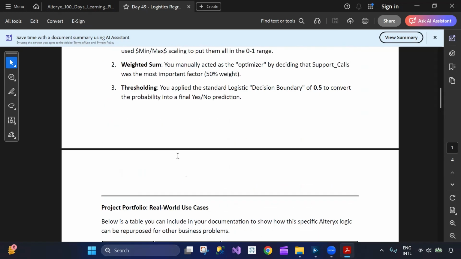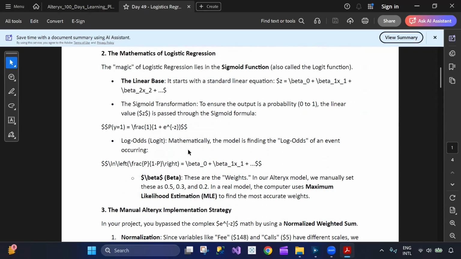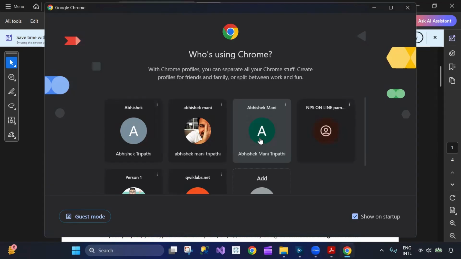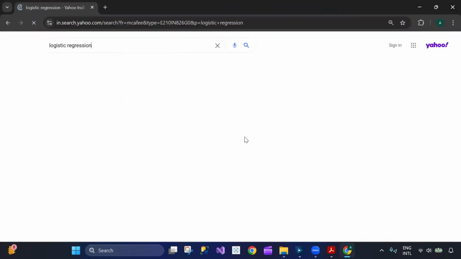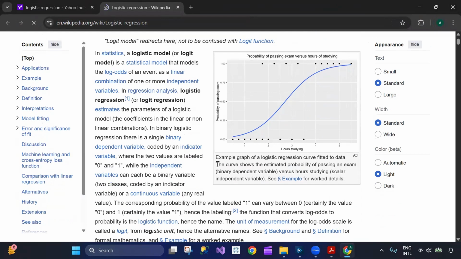That is the objective. Now the algorithm. Here the formulas are not very clear for the logistic regression, but we can just Google logistic regression, what exactly it is and its formulas. Logistic regression, again, is a statistical model.